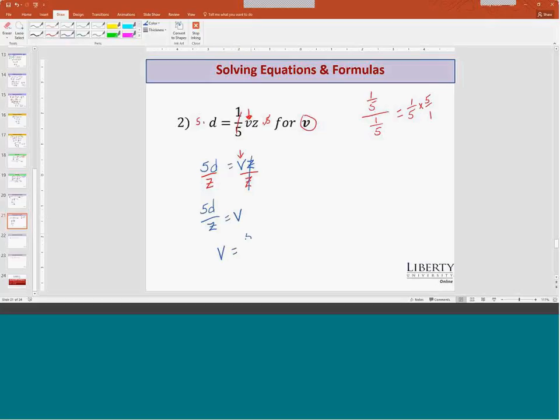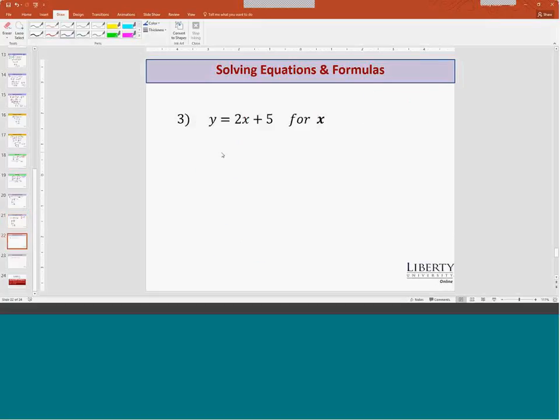So V is equal to 5d over Z. When you see all of these, the steps are the same. You simply have to undo what's being done to that variable.